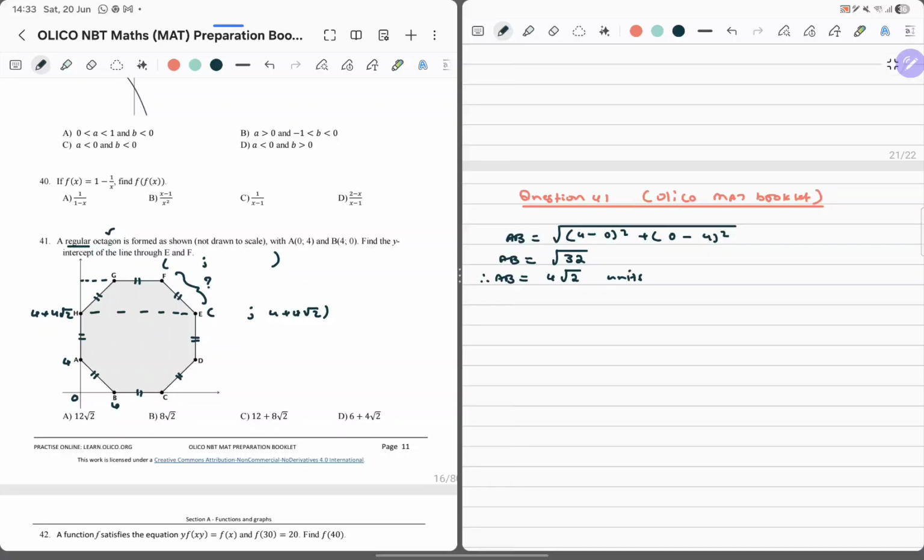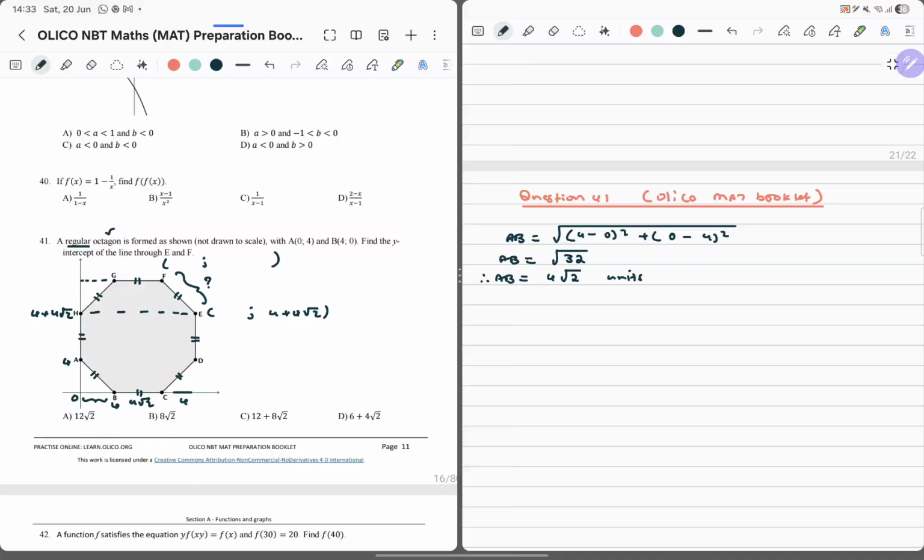Now let's find out what would be the x value there. Well, can you see this one has gone 4 units from 0 to B. And then the distance is going to be 4 root 2. And then again another 4 units. Because the way it moved from the origin is going to be the same distance over there.